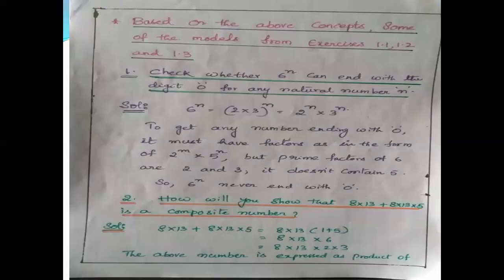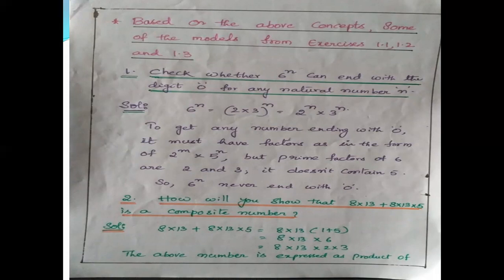Based on the above concepts, some of the models from exercise 1.1 and 1.2 and 1.3 I'm going to explain now. The first model is check whether 6 power n can end with a digit 0 for any natural number n. 6 power n is equal to 2 into 3 whole power n, that is equal to 2 power n into 3 power n.